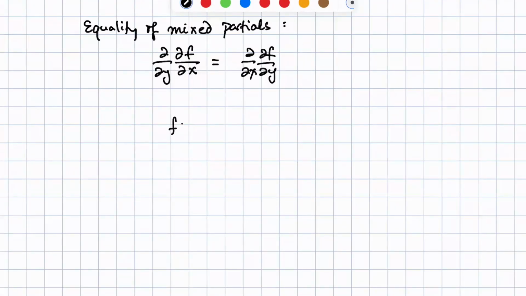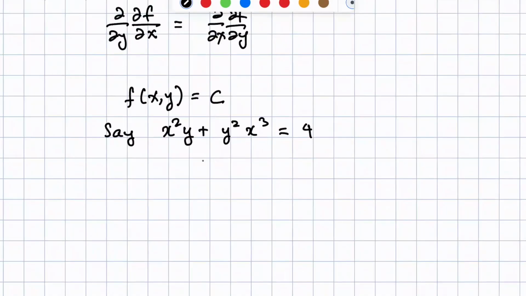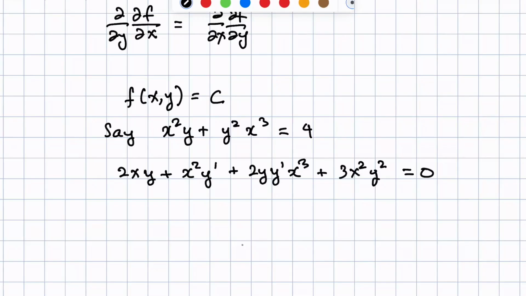Now, if I have a function f of x, y equals some c as my initial implicit equation, say, x squared y plus y squared x cubed equals 4, and suppose I differentiate it, I get by product rule 2xy plus x squared y prime plus 2y y prime x cubed plus 3x squared y squared equals 0.